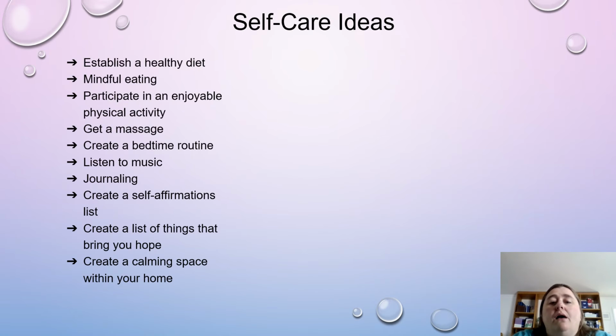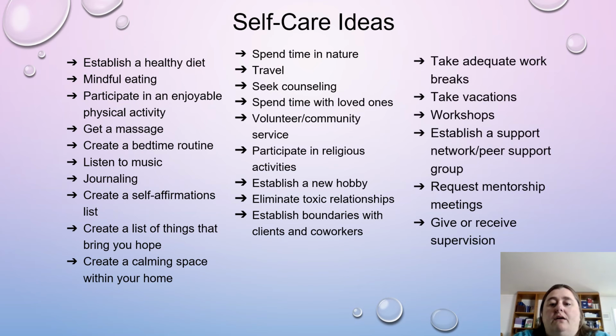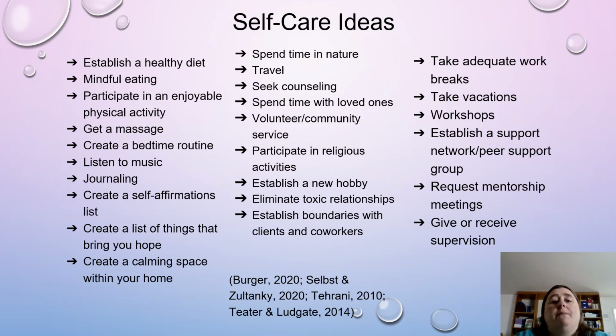There are many options for self-care that can be utilized to ensure that you are able to take care of yourself in a way that works for you. There are quite a few ideas listed here. These self-care ideas were obtained from a variety of resources, as you can see listed at the end of the slide. And as you can see, there are self-care ideas that meet each of the areas that we've spoken about for resilience.